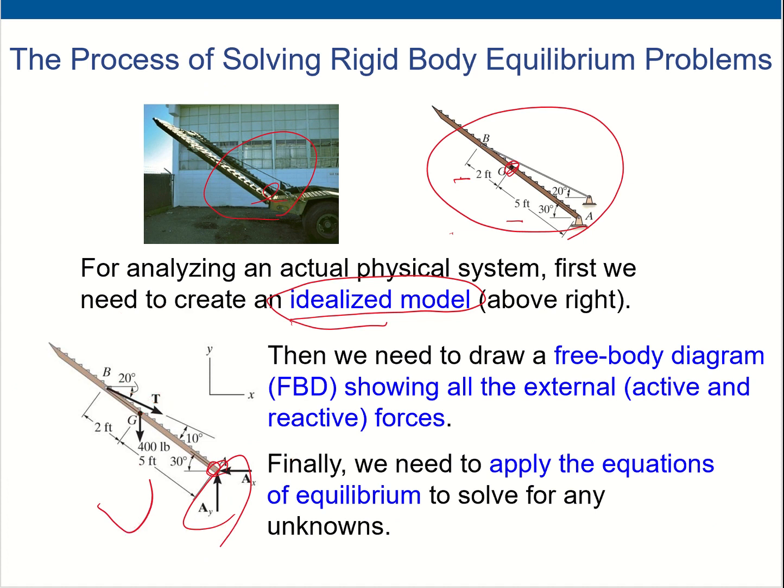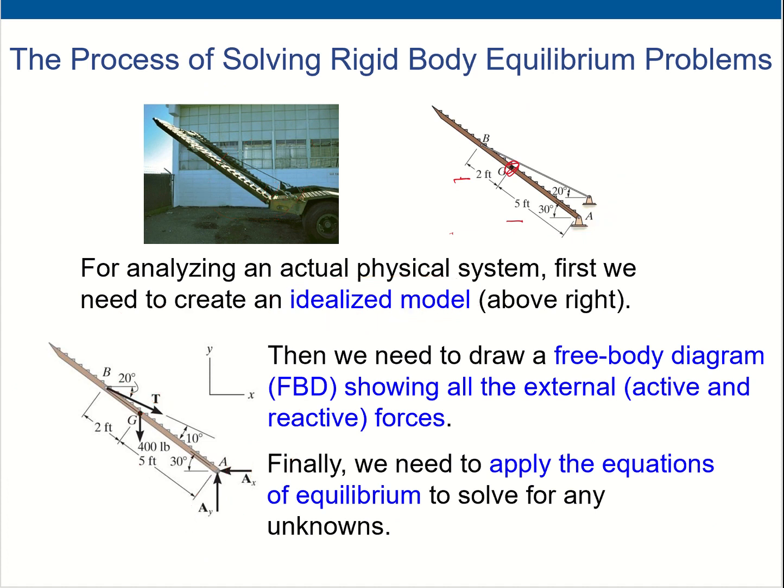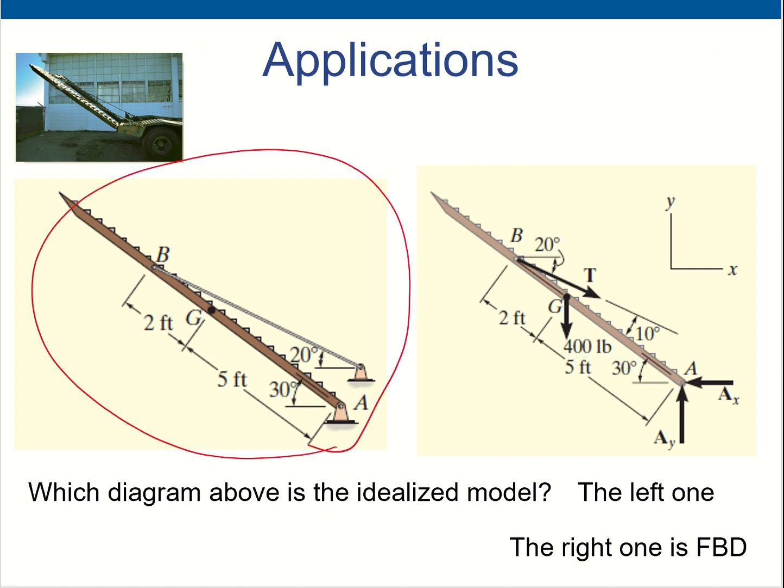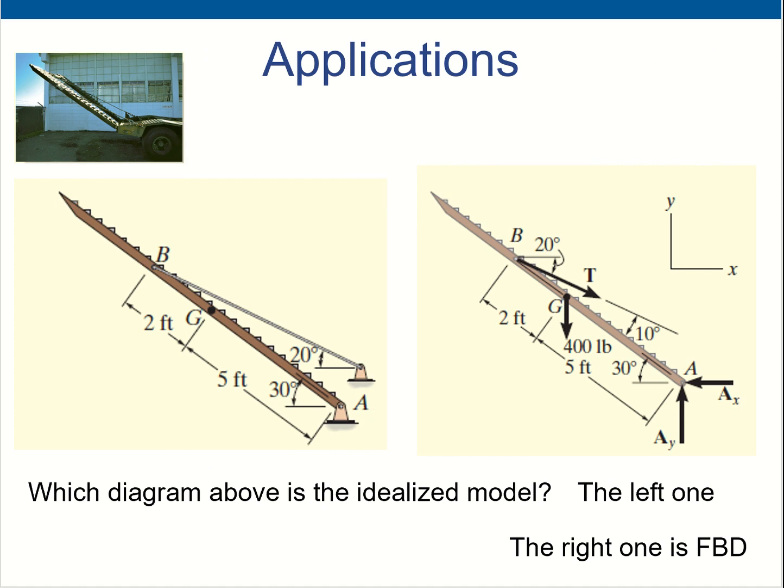So the left one is the idealized model, and the right one is the free body diagram. It is very simple. So showing all the forces, we can use these two equations to solve the problem for the 3D rigid body.